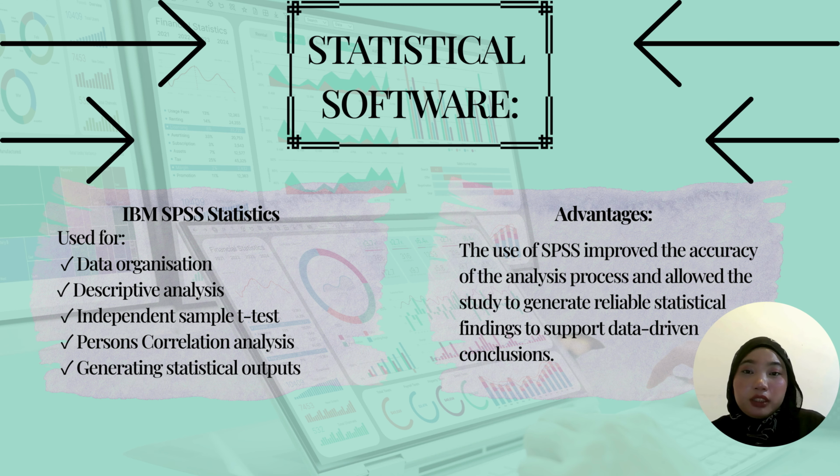The advantage of using IBM SPSS Statistics is that it improves the accuracy of the analysis process and allows the study to generate reliable statistical findings to support data-driven conclusions.